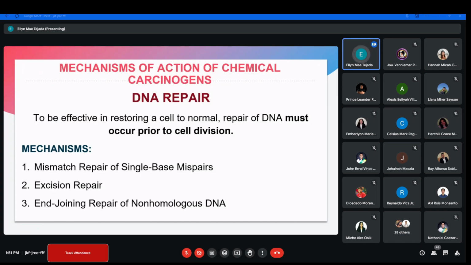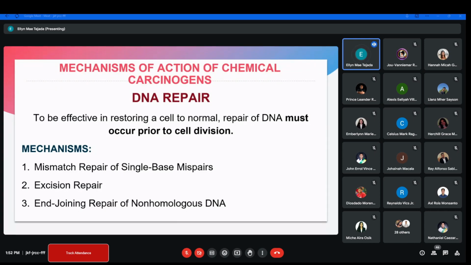Now, if repair is not complete prior to replication, the presence of the adducts can give rise to mispairing of bases and other genetic effects. Probably, it could result in rearrangements or translocations of DNA segments.